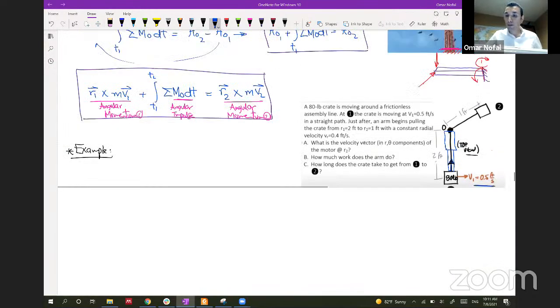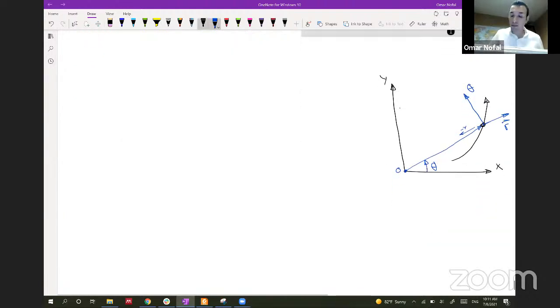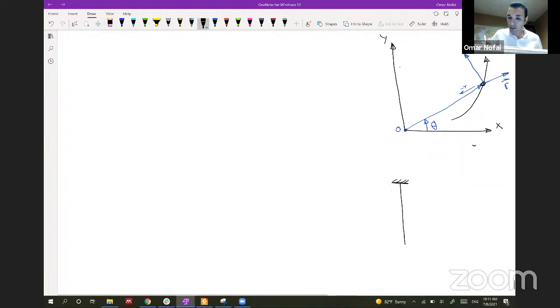So let's have our body like this. And actually, this is a mechanism, it shouldn't be fixed. So it's something like that, and we have our crate, and it should be a little bit shorter.